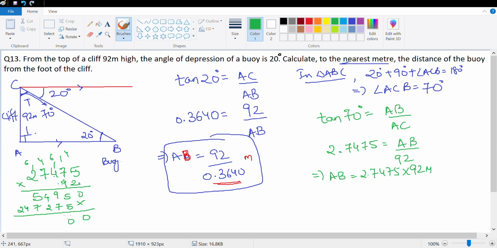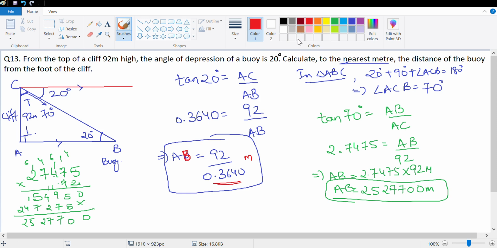This is 0. 5 plus 5, 10. That's 10 plus 7, 17. This is 7, 12. That's 2527700. So the answer is 2527700. How many decimals? 1, 2, 3, 4. So this is 252.7700 meters.